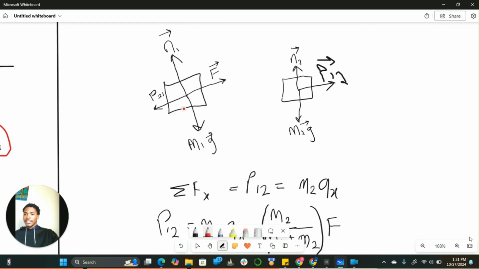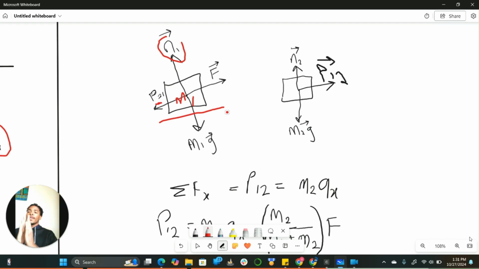This is the normal force, which, as we know, acts opposite to the gravitational force and perpendicular to the surface. This is the force that has been exerted on block m1. And this is the contact force on m1. This contact force is being exerted on m1 by m2, because when both of the blocks hit together, m2 is going to exert a contact force on m1.